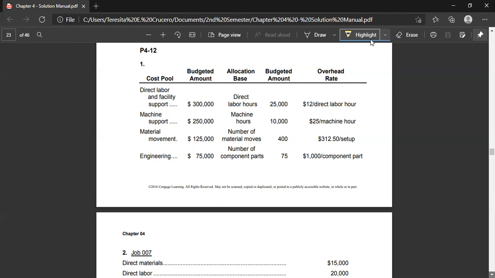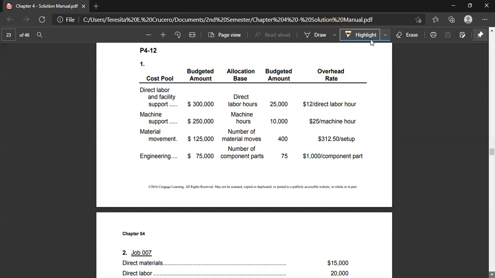So the overhead rates are, for direct labor and facility support, 300,000 divided by 25,000 direct labor hours. So we get $12 per direct labor hour. For machine support, $250,000 divided by 10,000 machine hours.